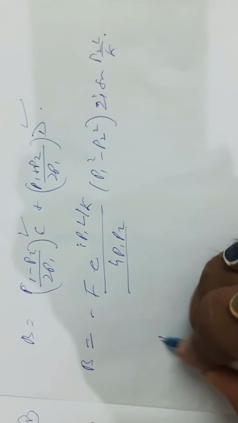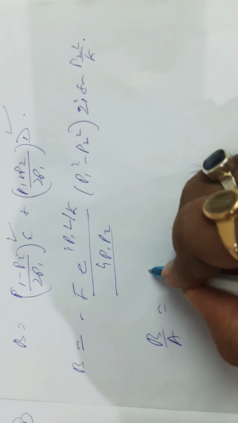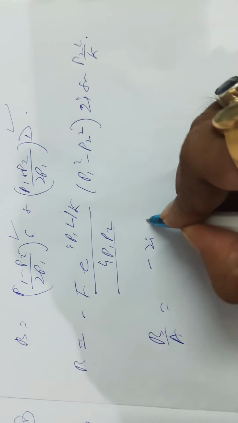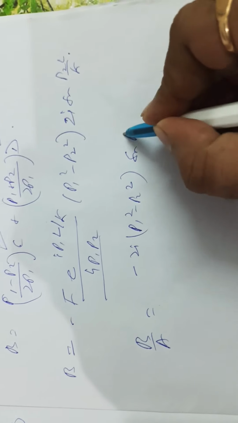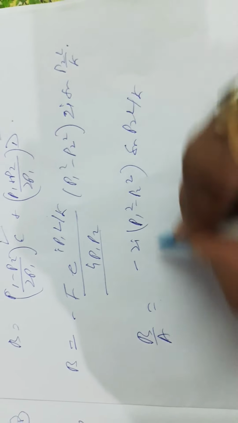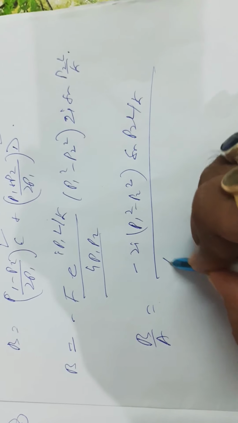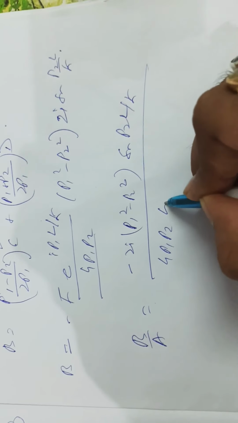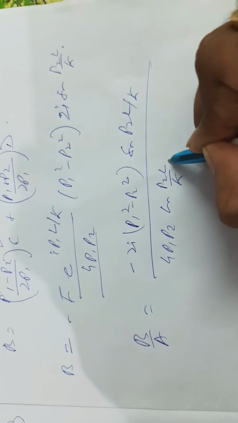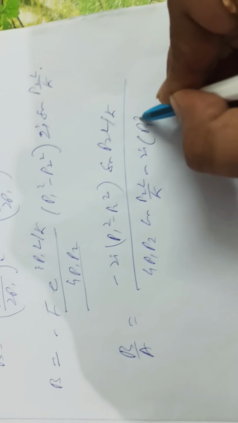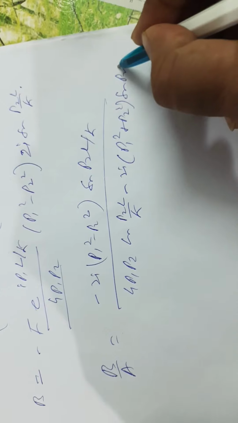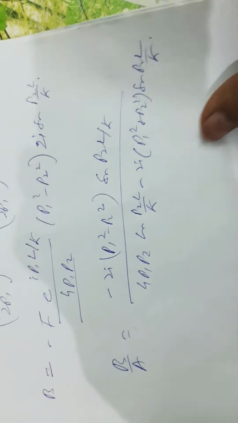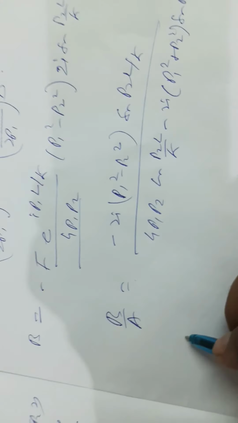So we'll get b by a is equal to minus 2i p1 square minus p2 square sine p2 l by h cross divided by 4 p1 p2 cos p2 l by h cross minus 2i p1 square plus p2 square sine p2 l by h cross. So this is the value of b by a.